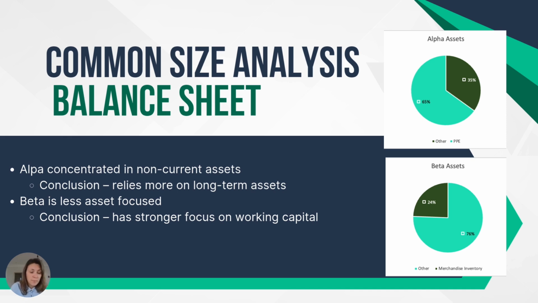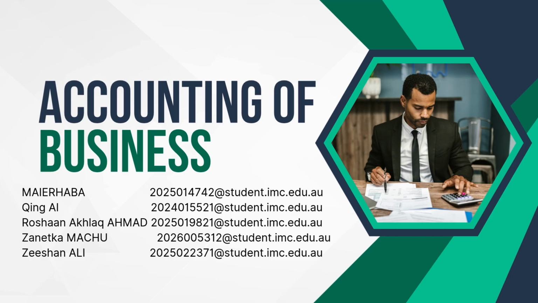On the other hand, Beta is less asset focused and is more focused on working capital, including cash, inventory, and accounts receivable. This may provide Beta company with greater short-term flexibility and liquidity for daily operations. What this means overall is Alpha company appears more focused on long-term asset investment, while Beta company demonstrates stronger working capital management.